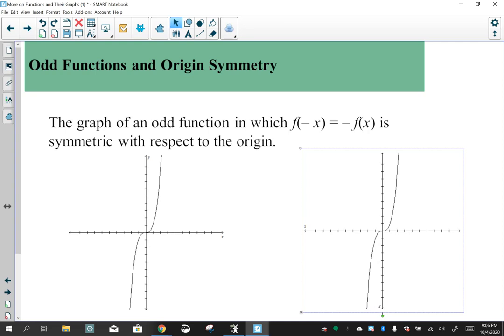So therefore, this would be considered an odd function. If you're not sure and the algebraic piece is just not coming out the way you want it to, throw it into the calculator and see if it's going to be odd or even. Because if it's not odd and it's not even, it's going to be considered neither.